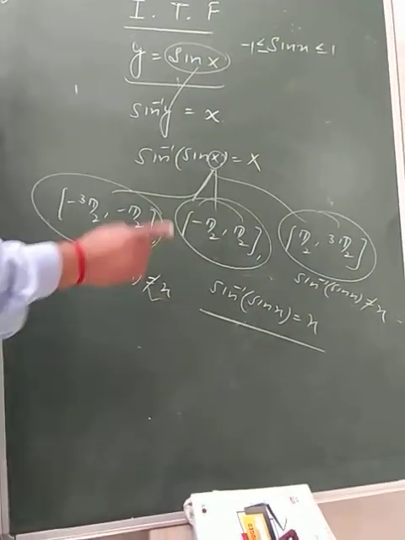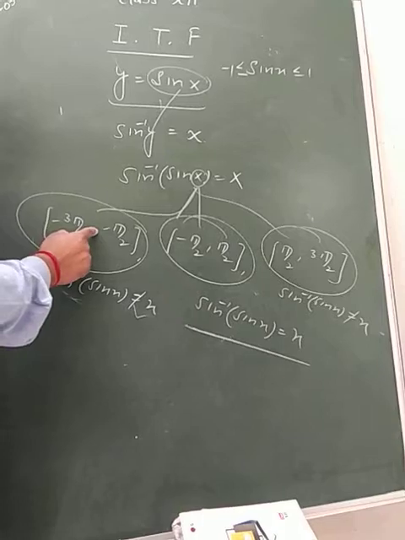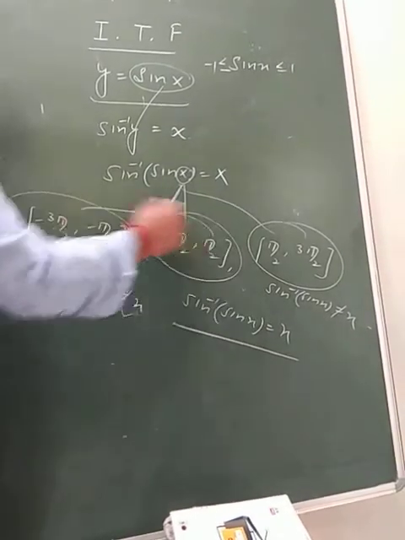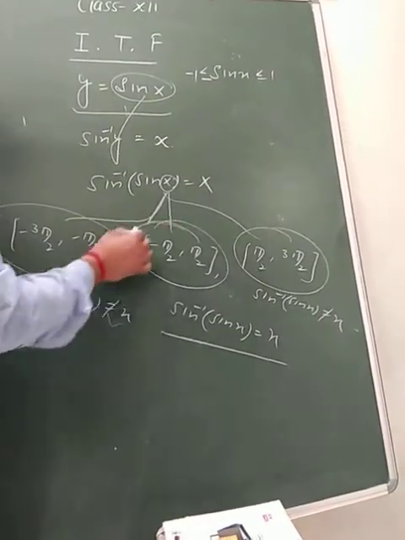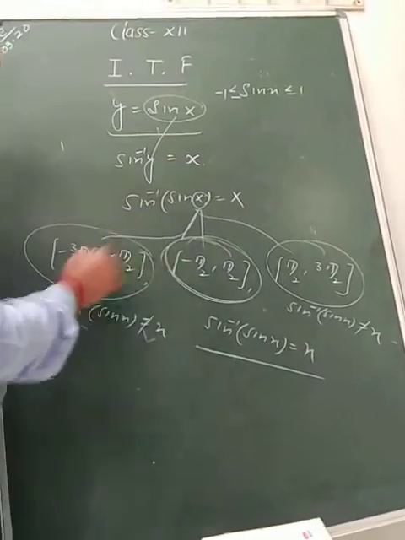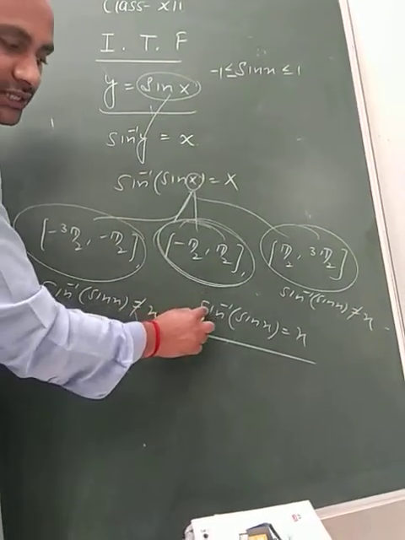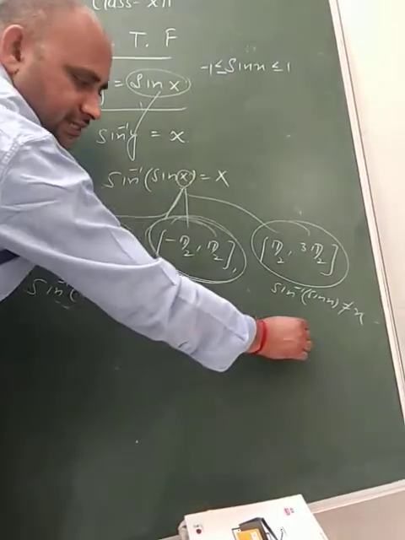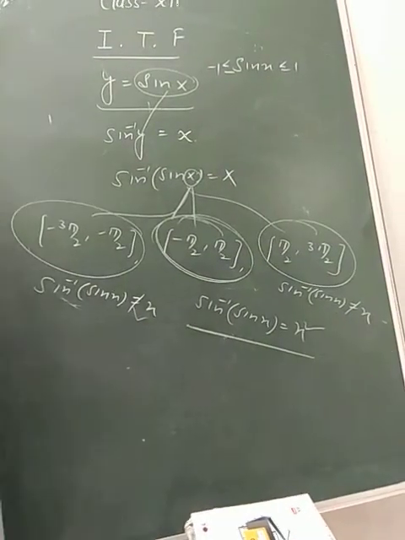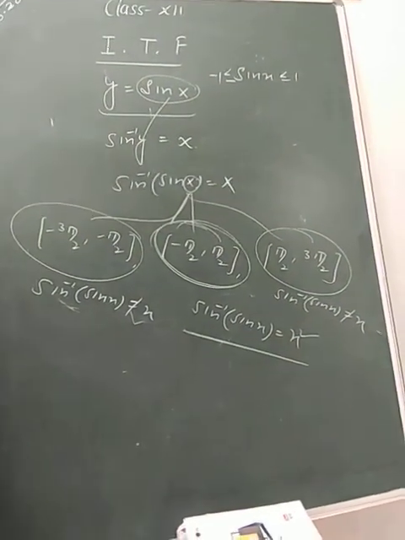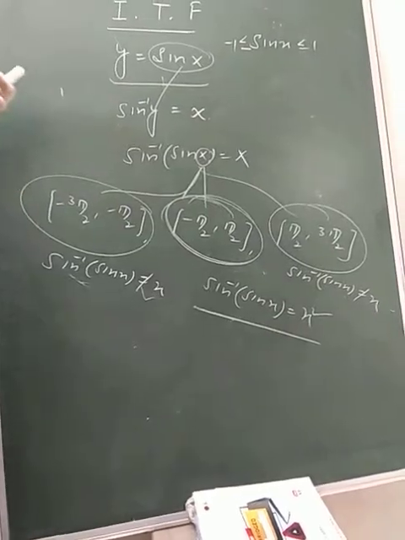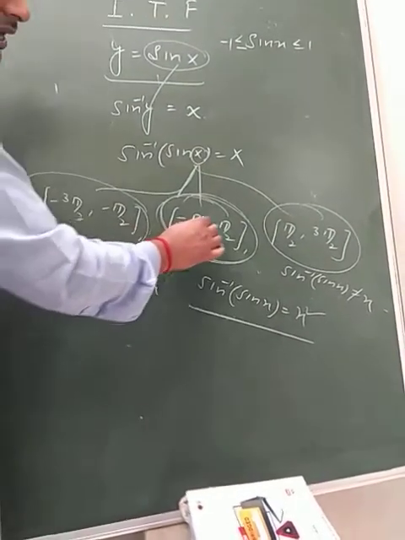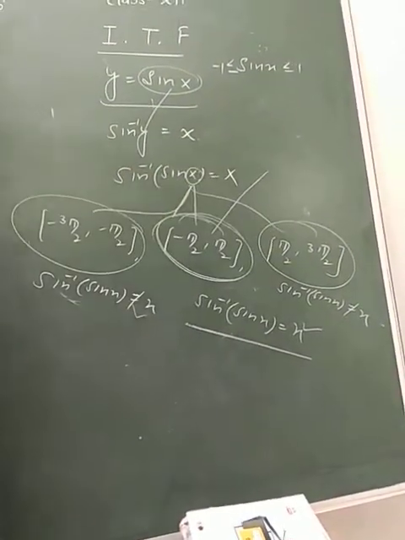It means we will select from all the branches minus pi by 2 to plus pi by 2, in which the result is sin inverse of sin x equal to x. Therefore sin x is invertible in a specific branch, which is named the principal value branch.